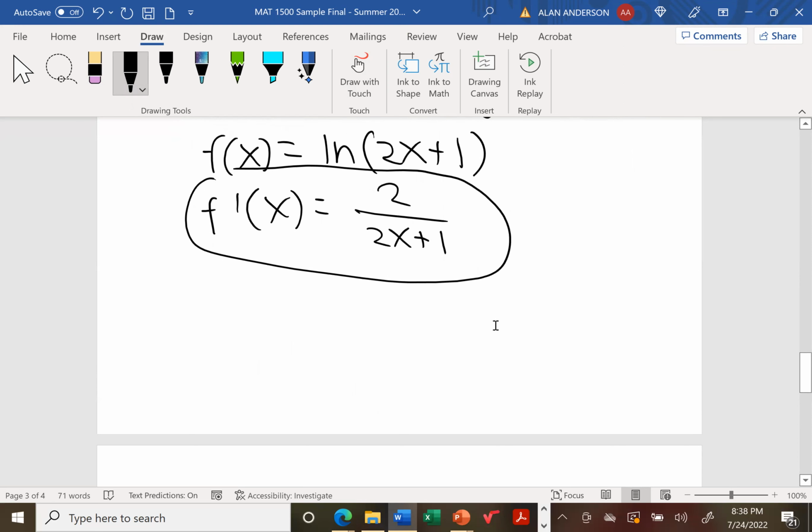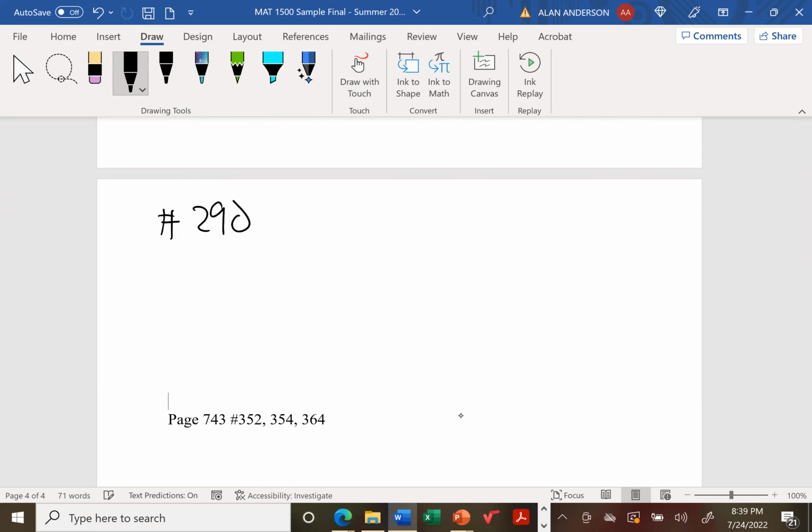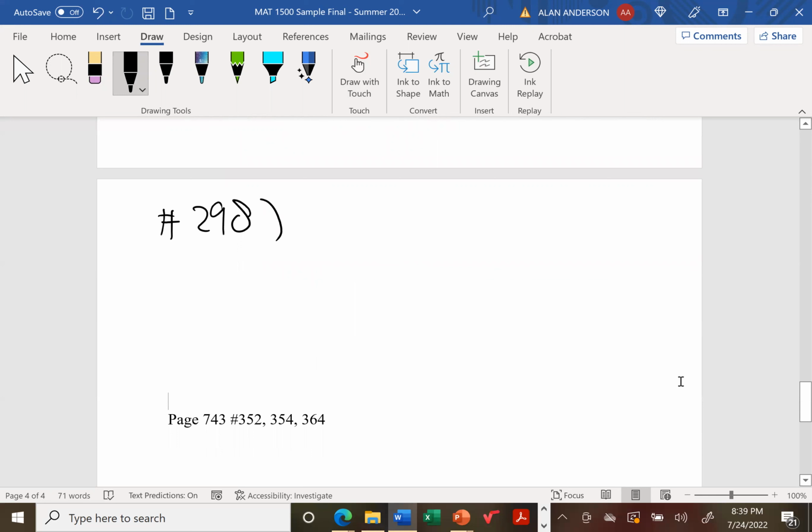Now, the next one is number 298. All right, what are they asking us for? It's the same type of problem, except that it's dt over 3t.